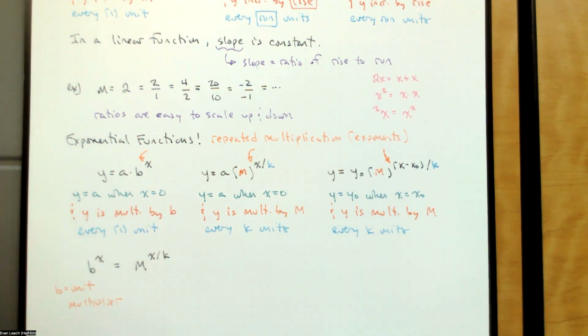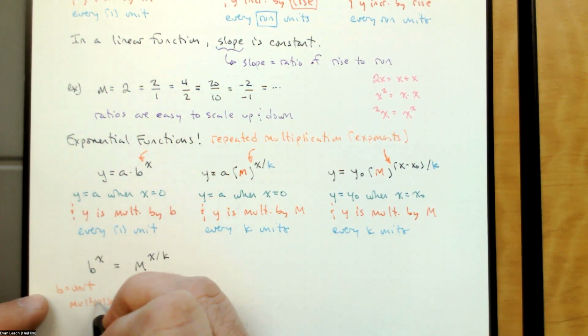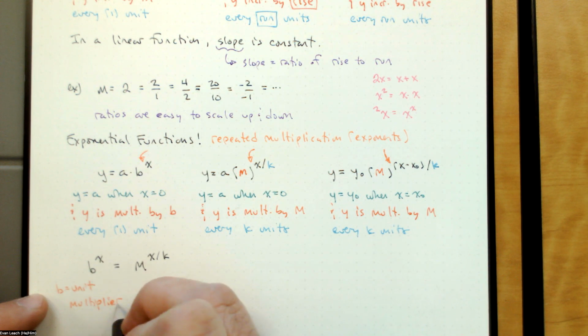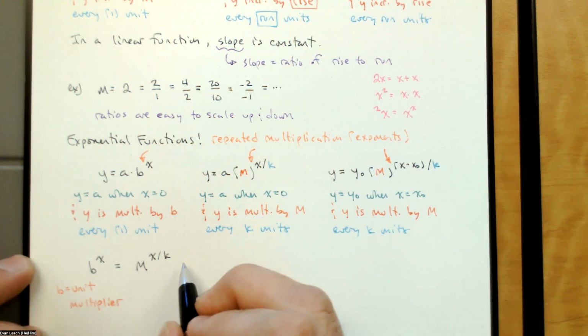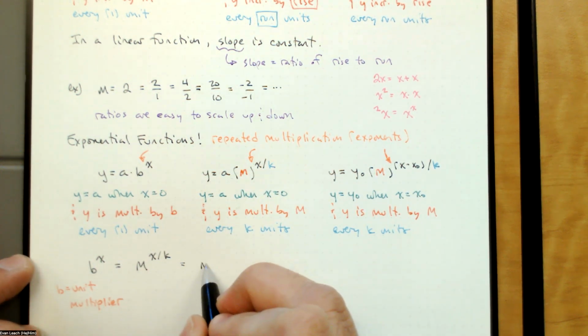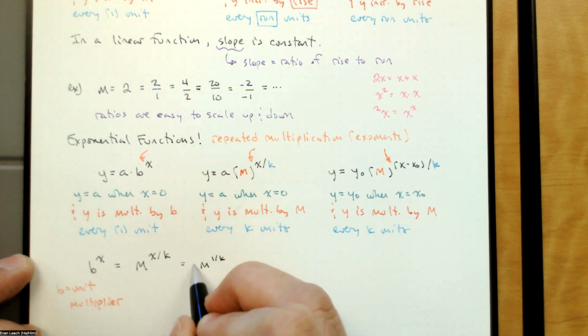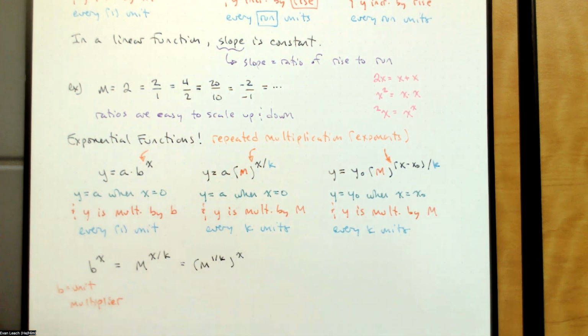So if I have a k interval multiplier and I want the unit multiplier, b is going to be our unit multiplier. It's like our m with a denominator of 1. Well, I have to realign some stuff over here. I can rewrite m to the x over k as m to the 1 over k raised to the x power.